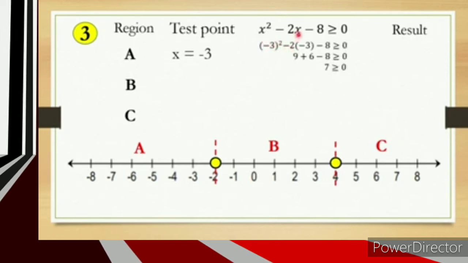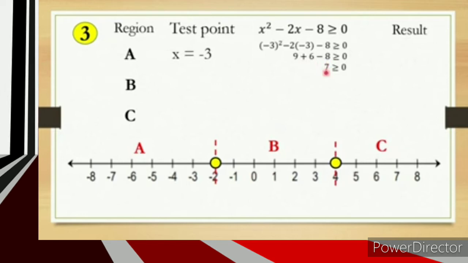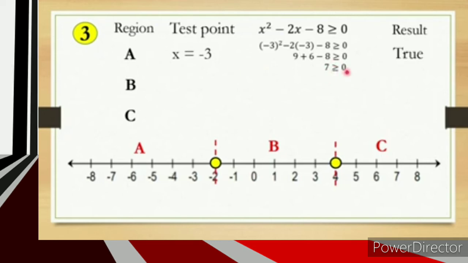So -3 squared minus 2 times -3 minus 8 is greater than or equal to 0. Then simplify. We have 9 plus 6 minus 8 is greater than or equal to 0. Therefore, 7 is greater than or equal to 0. Since that is correct, therefore, x equals -3 is part of the solution set.